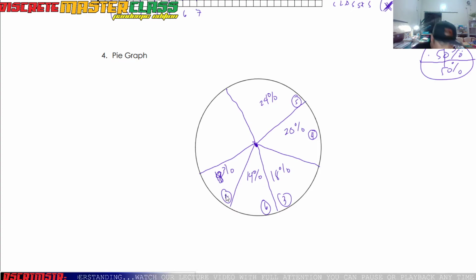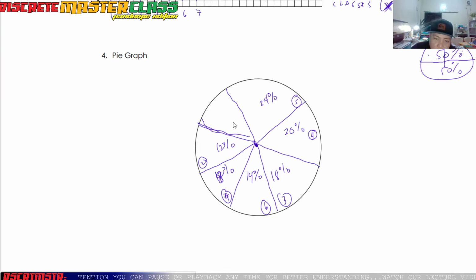What is 8? 7. This is number 7. Ito yung 12. Hirap. 12. Basta yan, 12. 12% is second class. So, our last, hindi siya accurate kasi hindi naman ako gano'n nagsusukat.